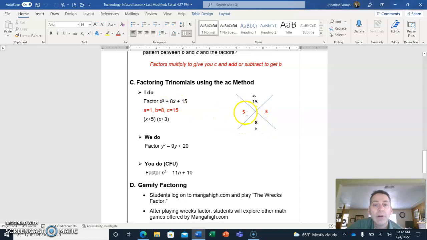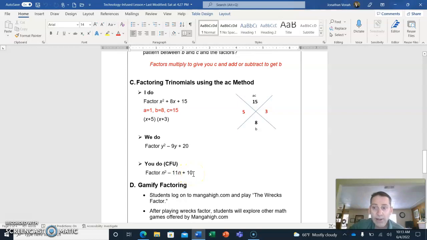I have to think of two numbers that multiply to give me 15 and add to give me 8. The two numbers would be 5 and 3, because 5 times 3 is 15, and 5 plus 3 is 8. So I would show them how to do that, then we would do one together, and then I'd have them do one on their own as a check for understanding.